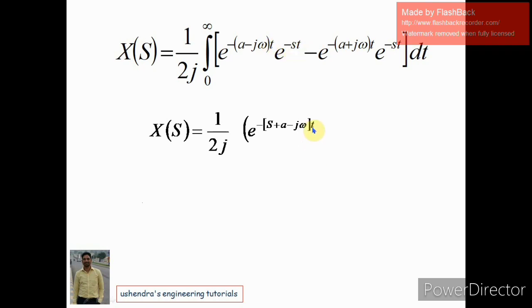In the same way, the exponential from these two terms, the negative also, and t also comes out. We are left with s plus a plus j omega over here, and t also over here. And I didn't forget about the integration. Here comes the integration, limits being 0 to infinity and integration being with respect to t.